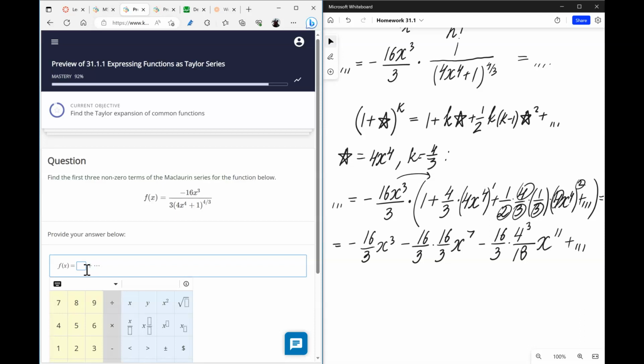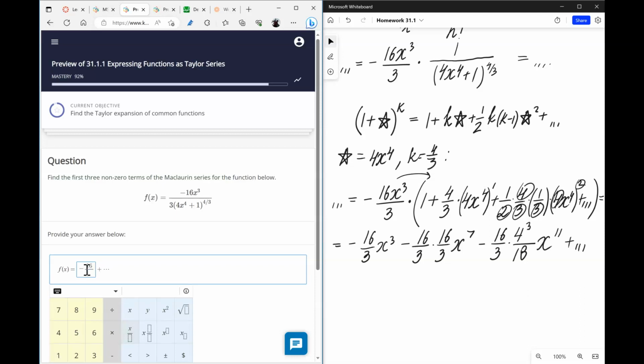But I think the solution here will be slightly different, because I noticed that we could have done it by integrating this series. It seems like it. There is that pattern, but it doesn't matter. I have 4 to the power 5 over 3 times 18, x to the power 11, and let's see.